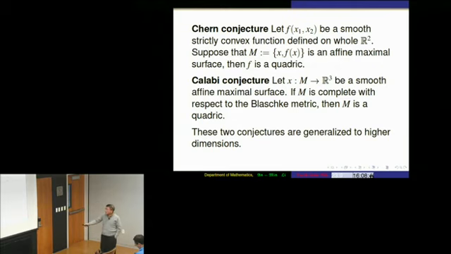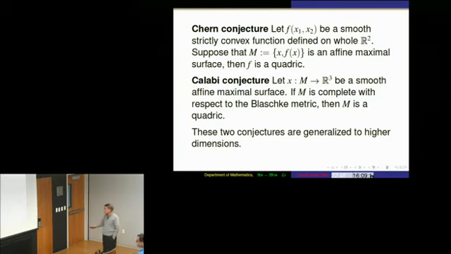The other is completeness with respect to the Blaschke metric. This is because we usually assume x is a locally convex immersion, not globally convex.